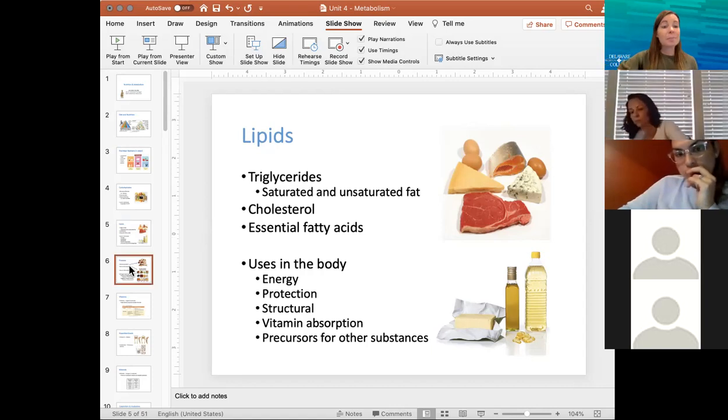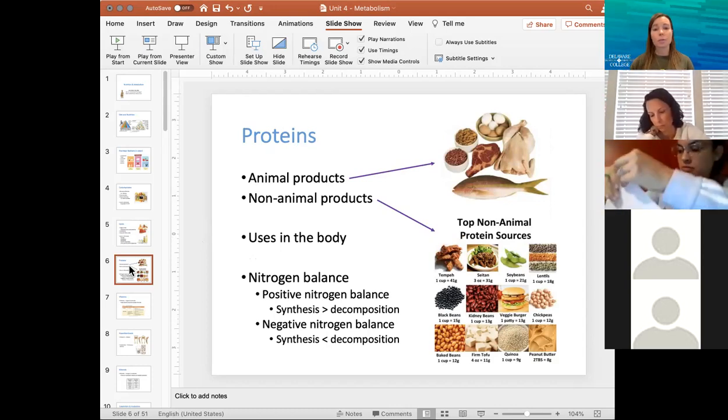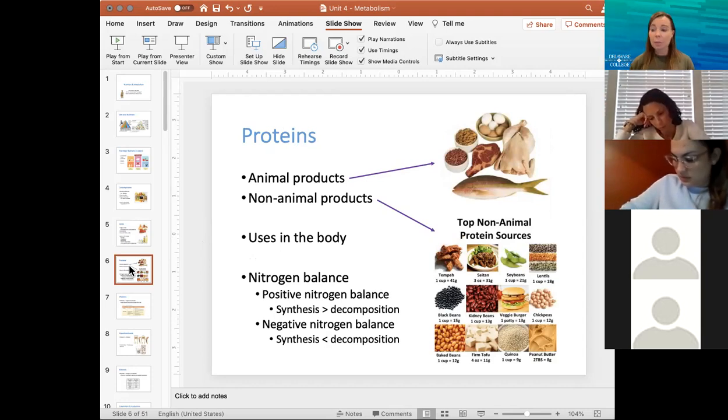Okay, so the last major macronutrient is protein. And proteins come from two main sources. They come from animal products, which typically provide the highest quality protein. And when I say high quality protein, what that means is that protein contains a lot of different amino acids.